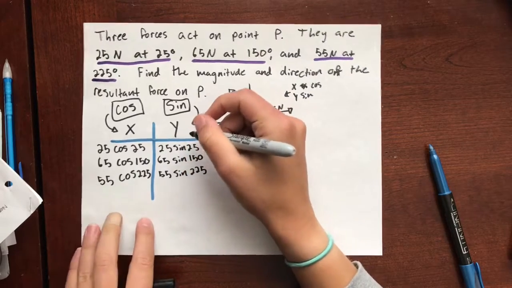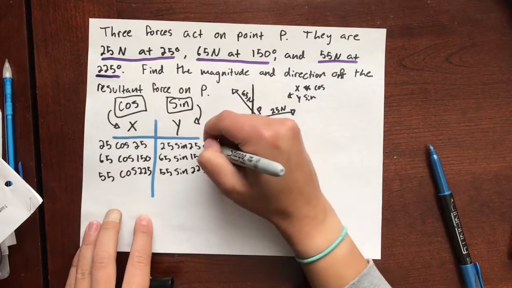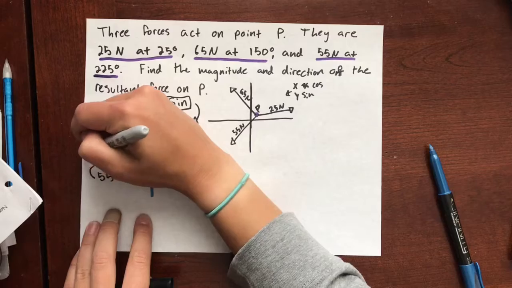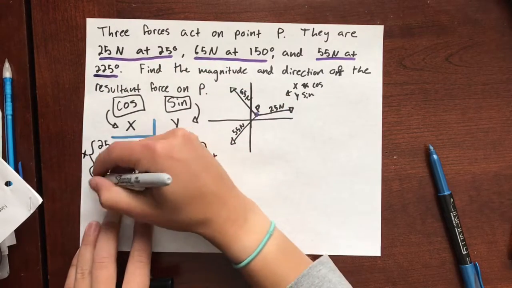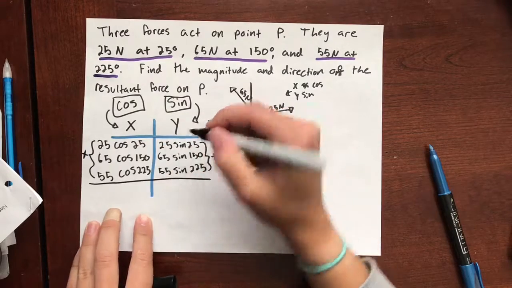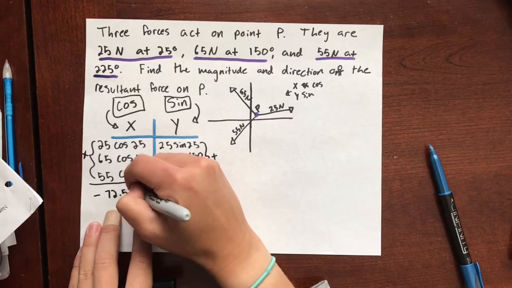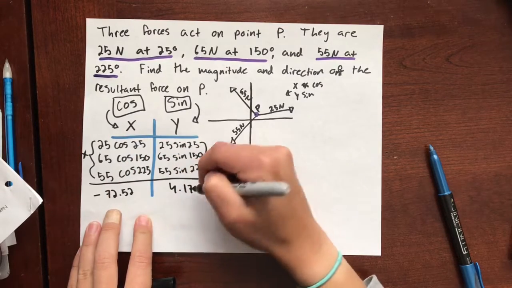Okay, so you're gonna solve for all of these equations, and then you're just gonna add them all together on both sides. But keep them separately. So these are added together and those are added together. And then we get our negative 72.52 and our 4.17.